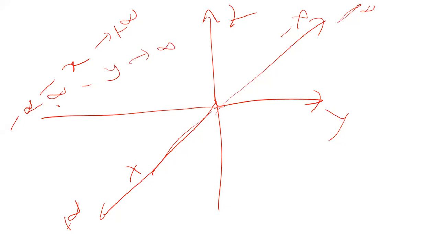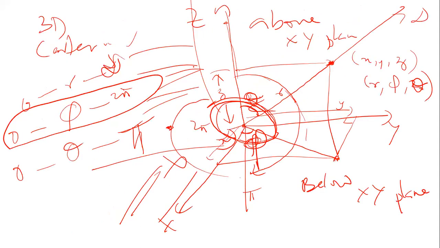And similarly, to identify any point above and below the xy plane, z has to vary from minus infinity to plus infinity. So that's how we have to do it in this 3D Cartesian system to identify any point in the space.